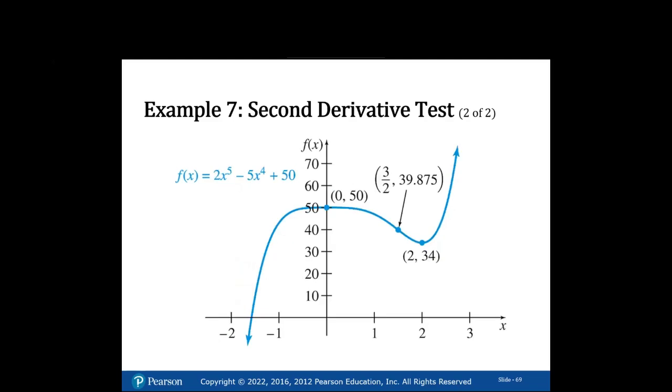Again, looking on the graph here, we're given this function, 2x to the 5th minus 5x to the 4th plus 50. So here, this is a critical value, that's a critical value, critical points. And this point here, the 3/2, that's that inflection point. That's the moment where the function switches from increasing to decreasing.